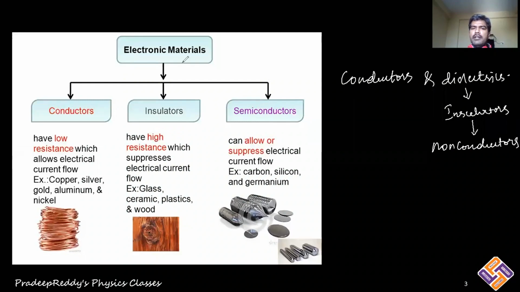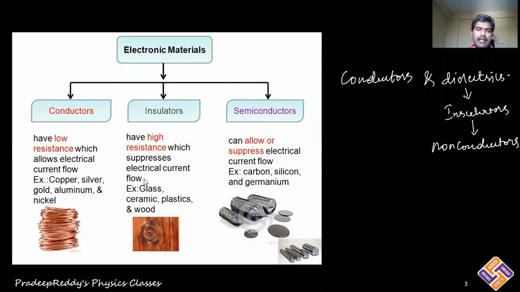Based on electrical conductivity, based on how charges are able to flow through a material, you can classify them into three different types. They are conductors, insulators, and semiconductors. Conductors are those materials which have low resistance and which allow electric charge to flow.